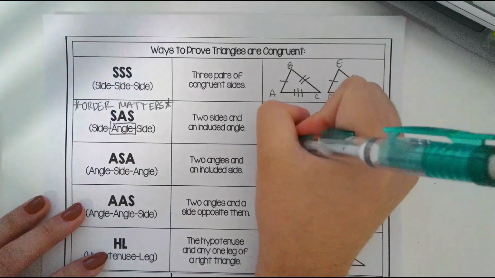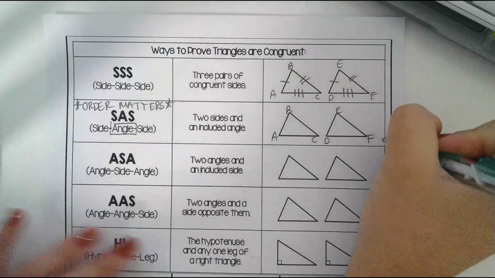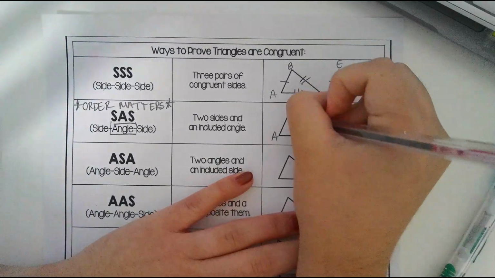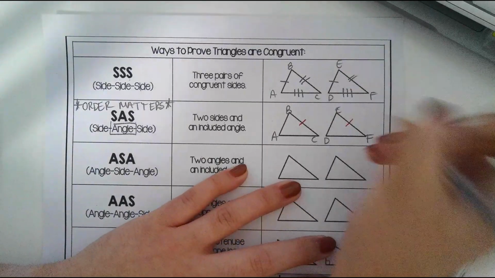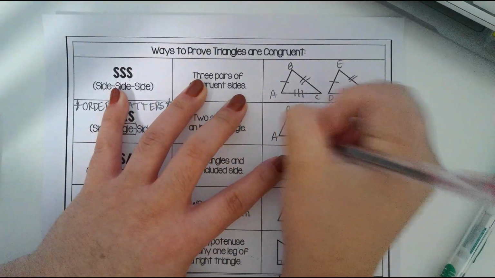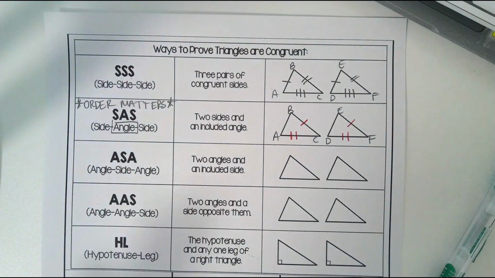So if you have triangles ABC and DEF, and I say side BC and side EF are congruent, and then side AC is congruent to side DF, I'm able to prove that those 2 sides are congruent.